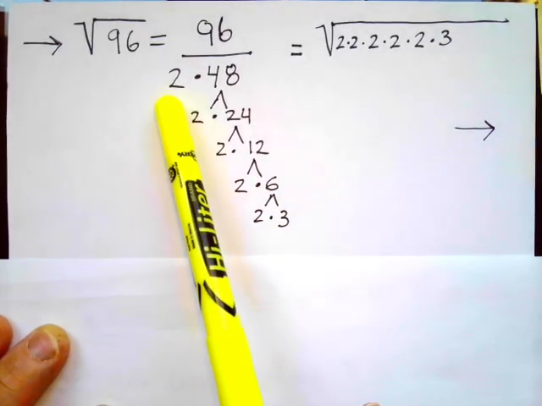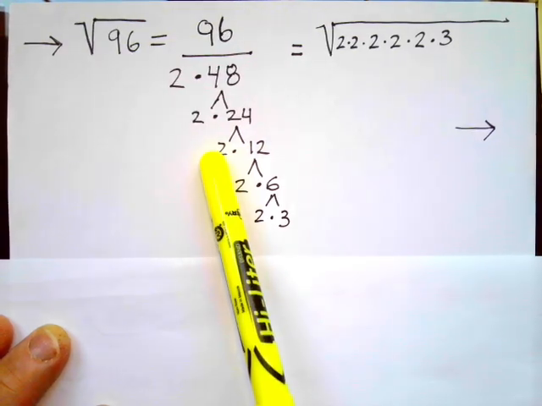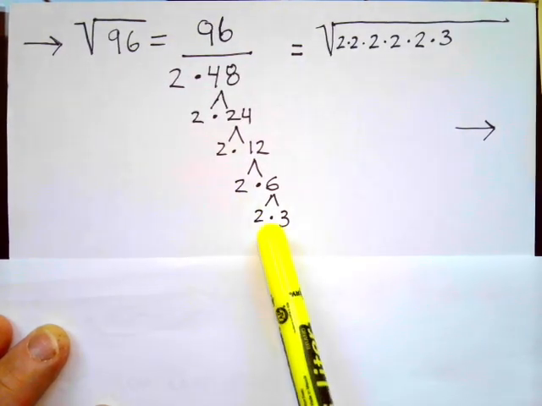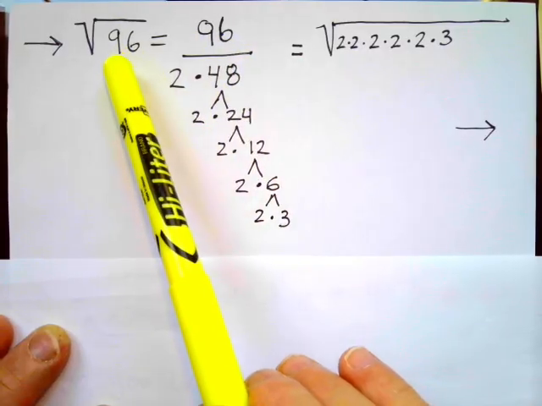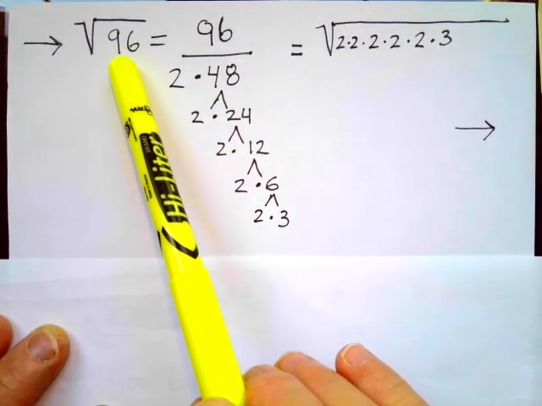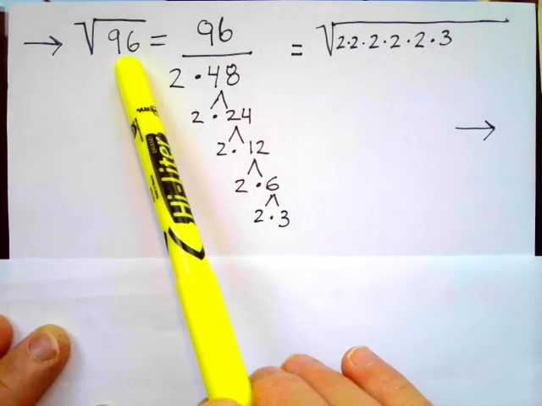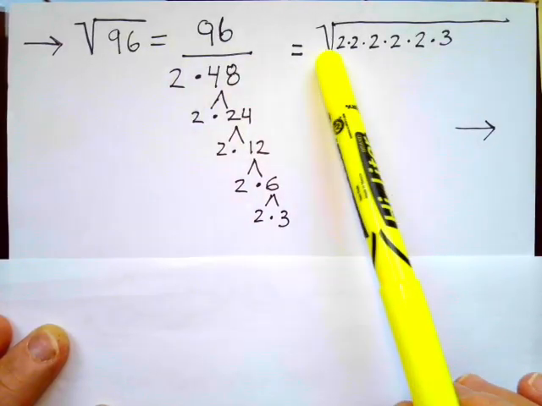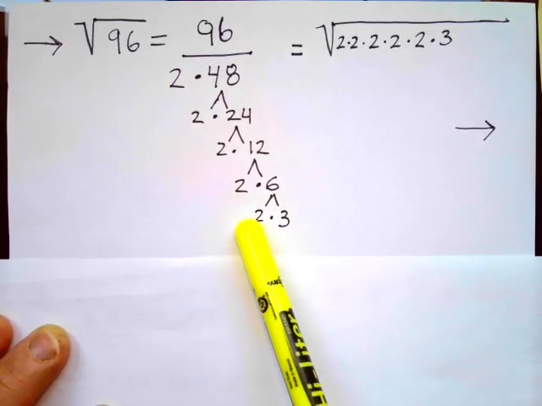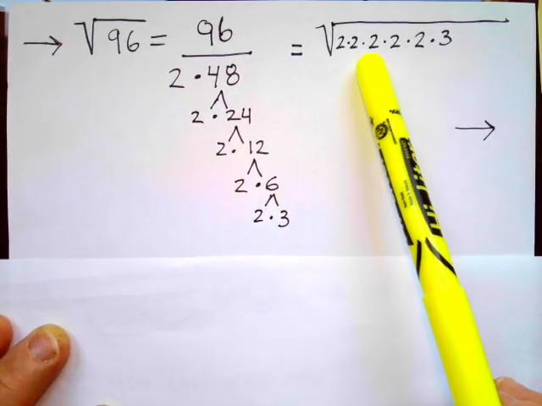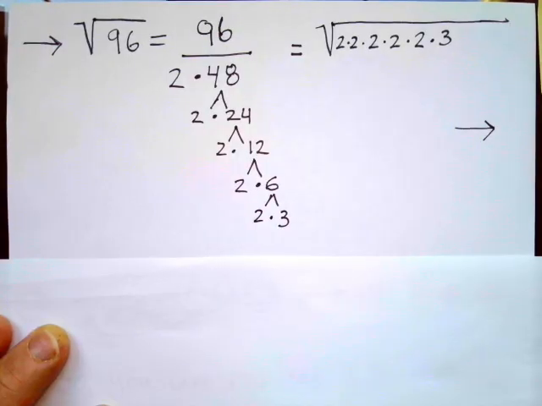And I know that 2 times 2 times 2 times 2 times 2 times 3 will give me 96. So I can substitute all of those multiples of 2 and a 3 for 96 inside the radical. 1, 2, 3, 4, 5 twos and a 3.